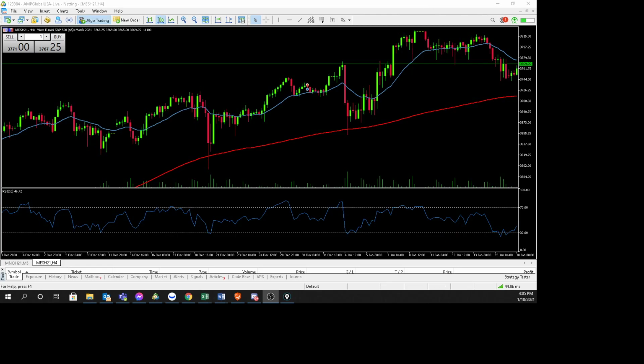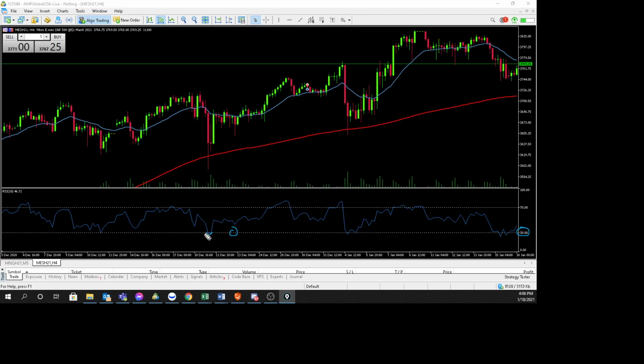Let's look at the way that this functions, right? So here we have the RSI, this blue line here, and we're looking for it to come below this dotted line, which is the 30 level on the RSI. So here it is, it fell below, and we want to look for an entry. So what's our entry going to be?